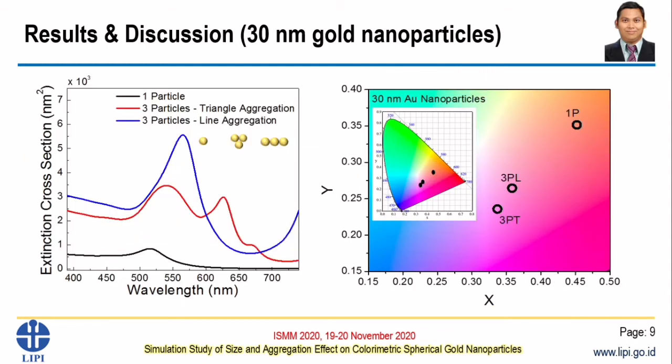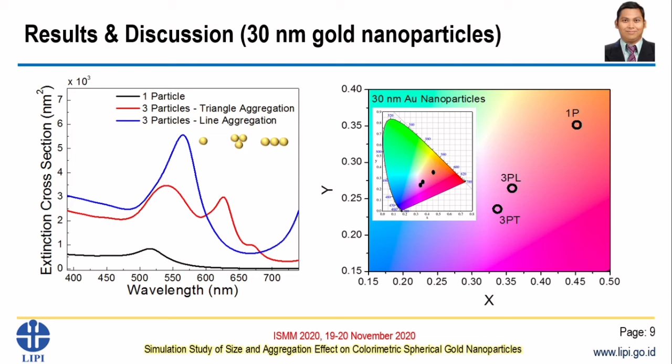The extinction curve changes when we use aggregation configuration. This is example of 30 nanometer gold nanoparticle with 3 different configurations. Monodispersed gold nanoparticles, the black extinction curve, give red color appearance, dot 1p on the left figure.